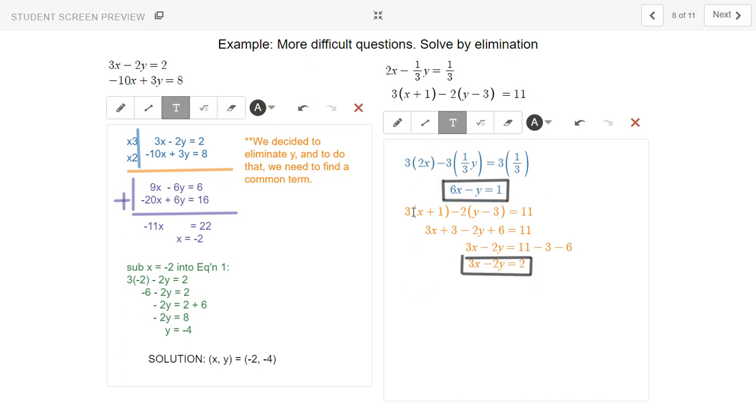Let's rewrite this to solve. 6x minus y is equal to 1. 3x minus 2y is equal to 2.